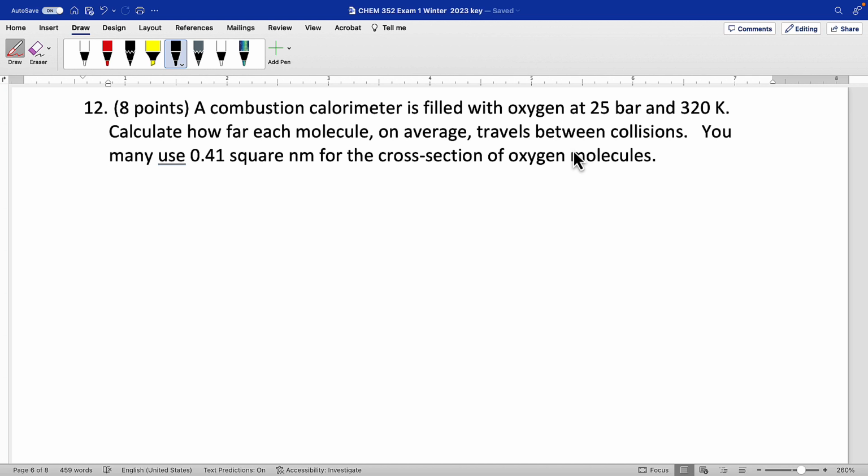You're probably already familiar with it. So we could say that the mean free path is basically how fast you're going divided by your single particle collision rate, so how often a single particle collides.